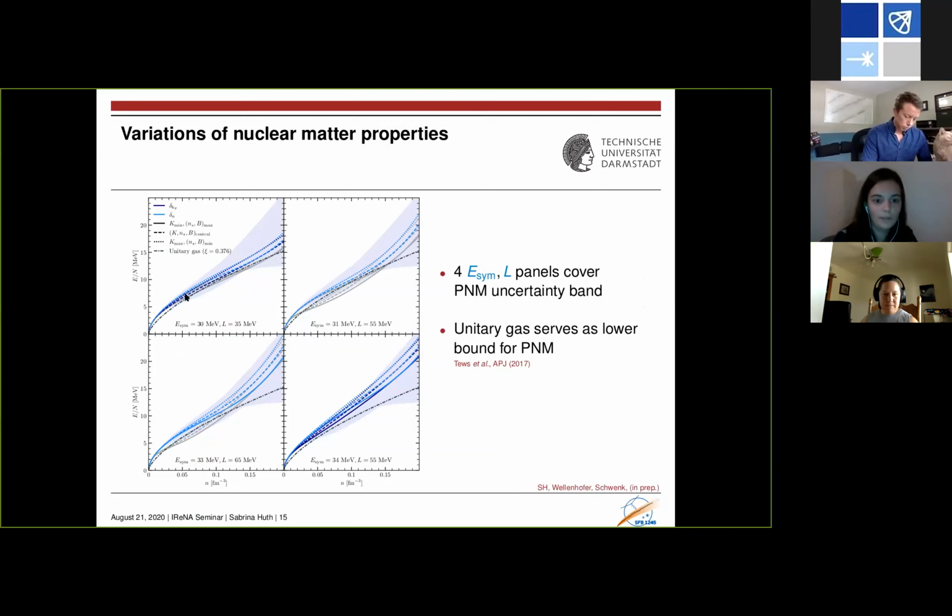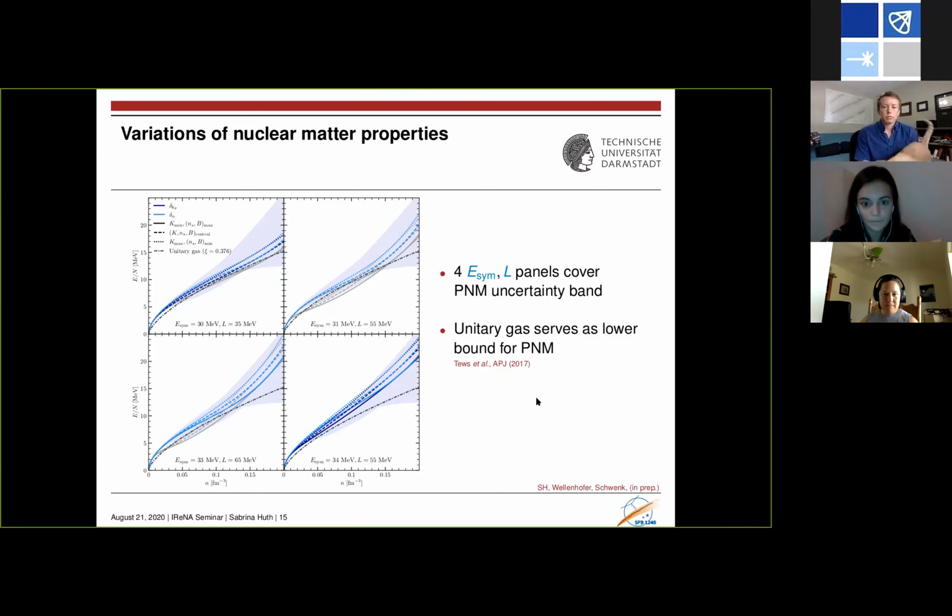When we use the smallest symmetry energy and slope parameter, then you see that in fact we are at the lower end of the pure neutron matter uncertainty, so right on top basically of the unitary gas energy per particle. And if we use a large symmetry energy and slope parameter, then we can cover the upper pure neutron matter uncertainty boundary.